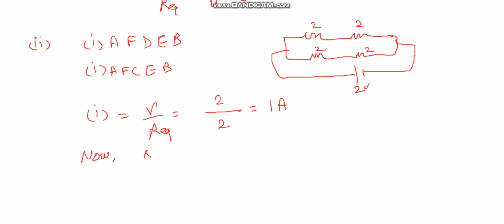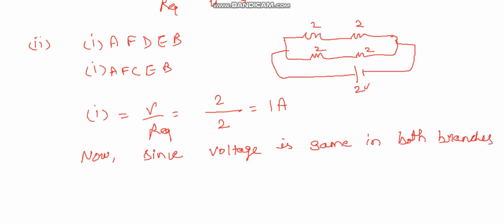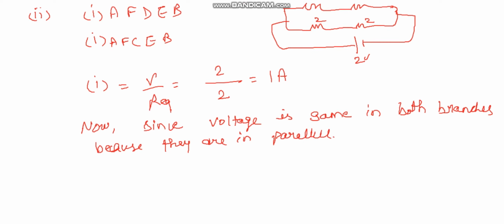Now since the voltage is the same in both branches, because they are in parallel, I can say the current in AFDEB is equal to V upon R1, which is 2 upon 4 ohm.